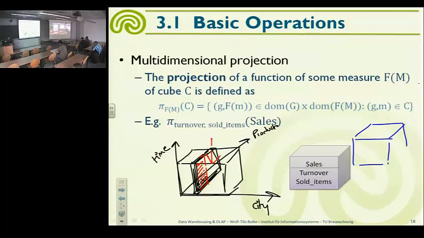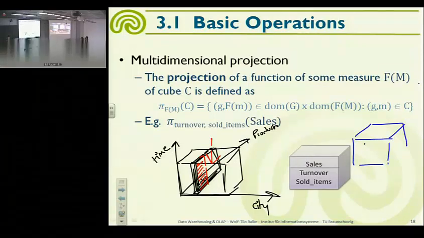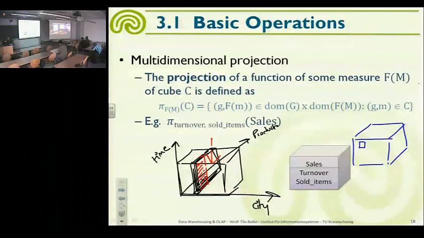In the projection, on the other hand, you always would return the entire cube, but since the cube has different measures in every cell, what you do is basically cut off this part, and then you have only 1 measure per cube, 1 measure in the cell. So here, the projection is basically you want only the turnover and the sold items on the sales cube.